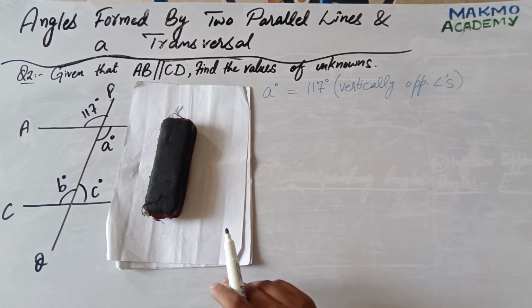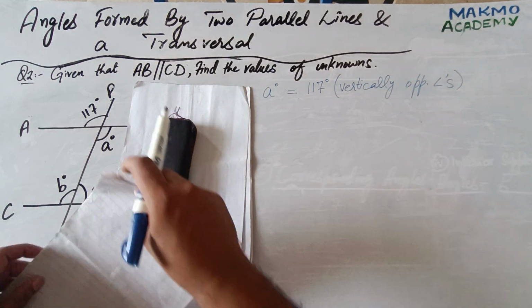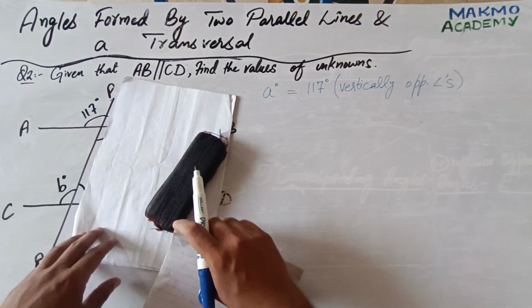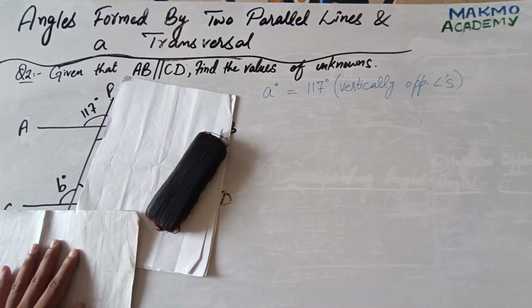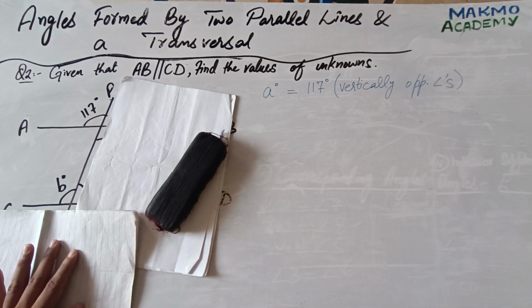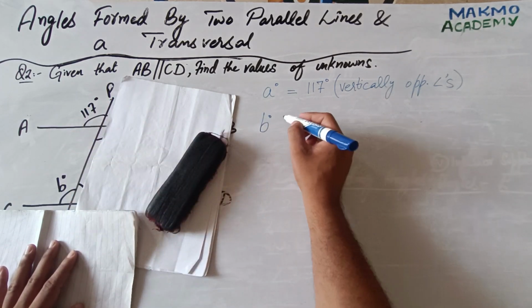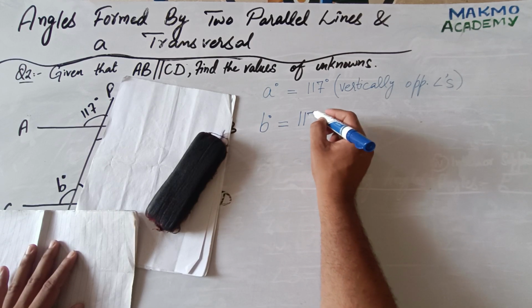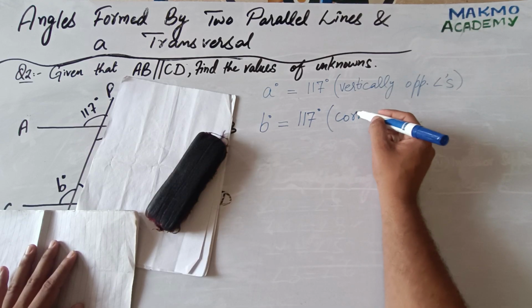Now let's start with finding the size of another angle. Can you see an inverted F over here? Yes, this is an inverted F, and if you can find this inverted F, it means that they are corresponding angles. So B is also equal to 117 degrees, corresponding angles.